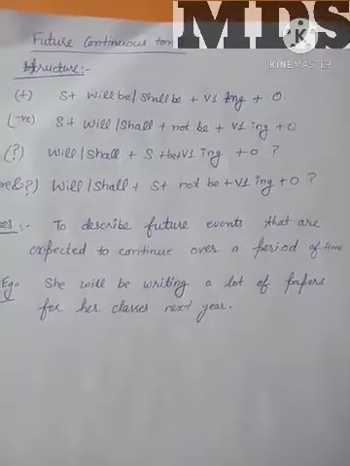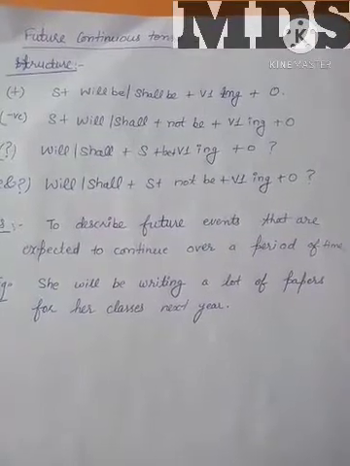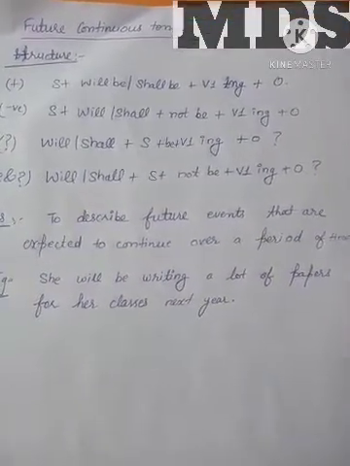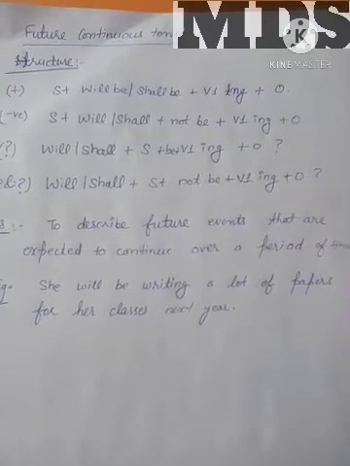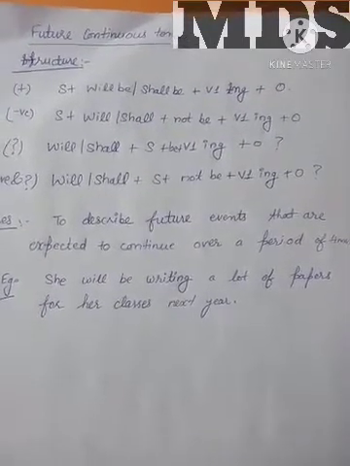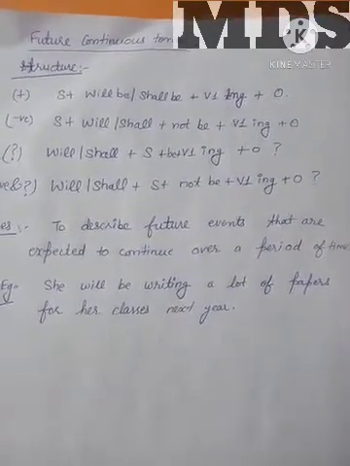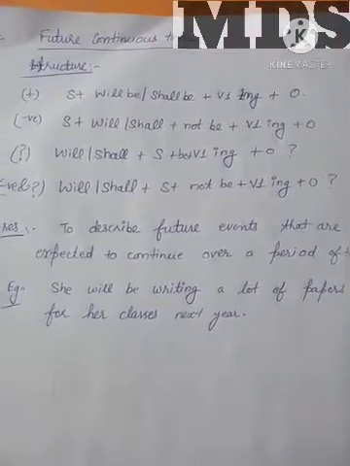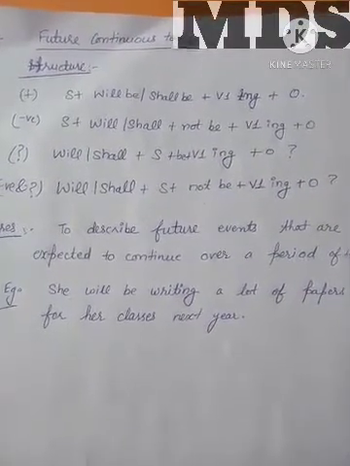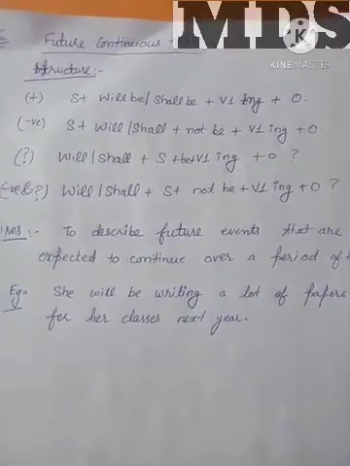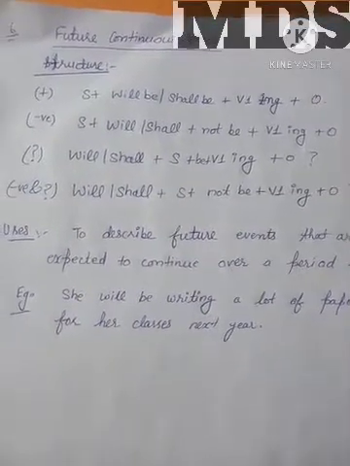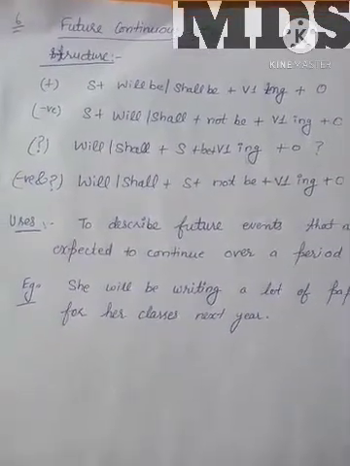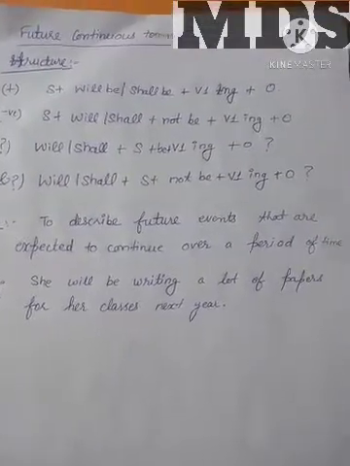For interrogative, again our helping verb will or shall will come first, then the subject, then be with first form of the verb with ing and then the object. And for negative interrogative, will/shall, then subject, then not, be with first form of the verb with ing and then the object.